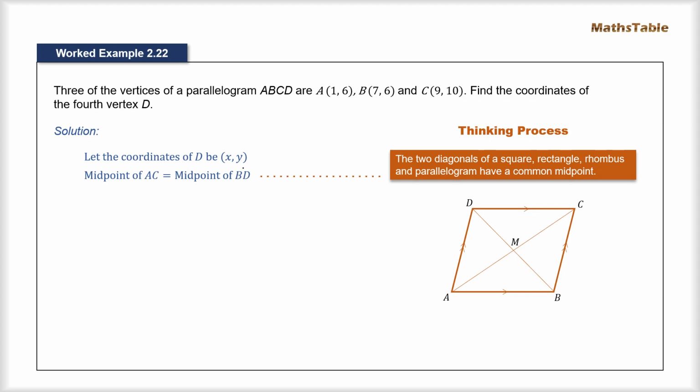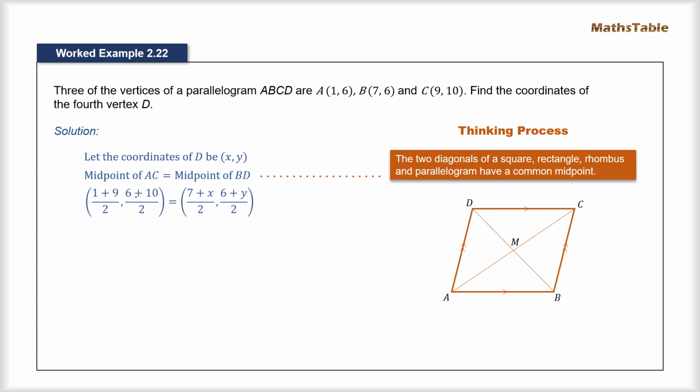So if we assume that the coordinates of point D are x and y, and we know that the midpoint of AC is equal to the midpoint of BD, which is basically the same point, then we can use this equation and the formula for the midpoint to find out the midpoints of both of these combinations.